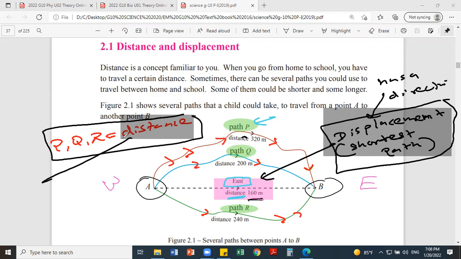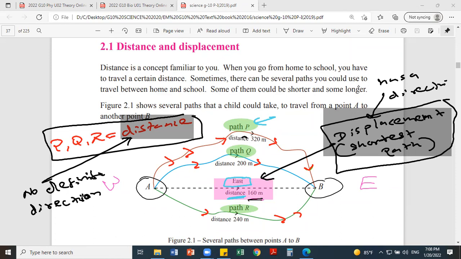But distance has no definite direction, because you turn the vehicle left and right. Here there is a definite direction.